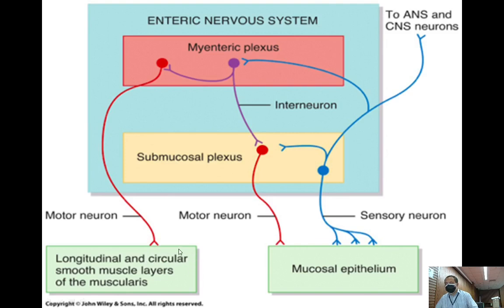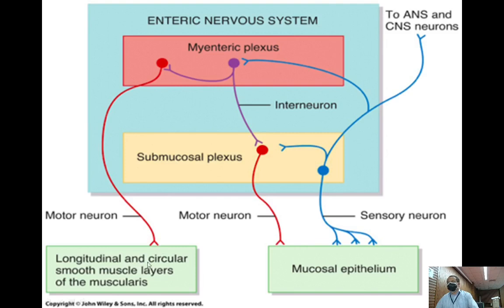The sphincter is smooth muscle, except for the external anal sphincter, which is skeletal. All the sphincters within the gastrointestinal tract are controlled by both sympathetic and parasympathetic. Sympathetic causes constriction, parasympathetic causes relaxation of the sphincter.